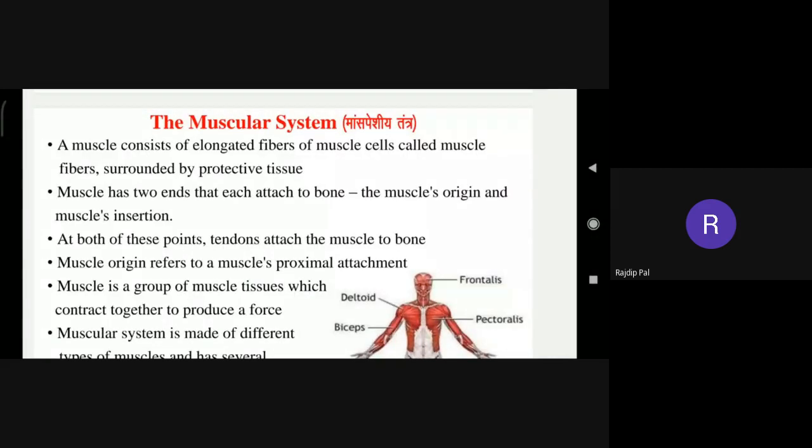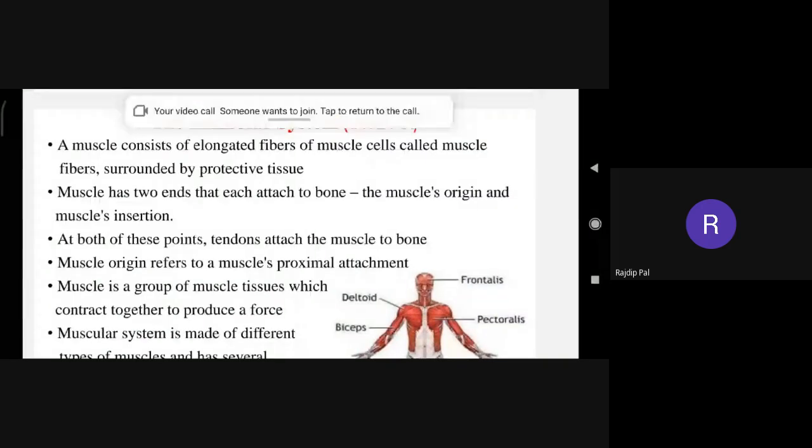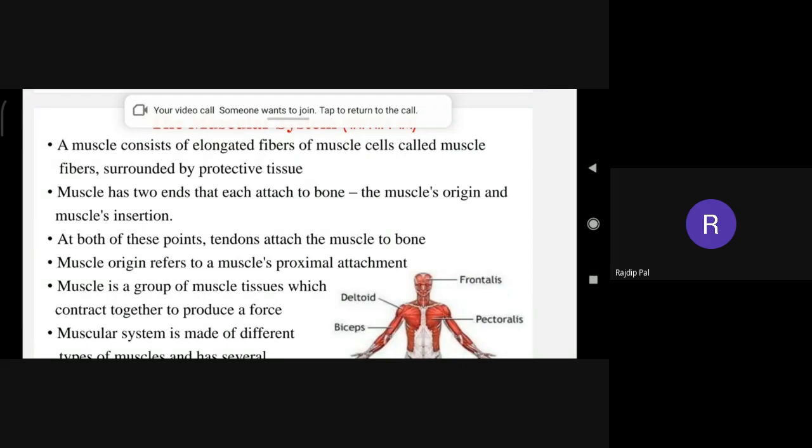So if we are taking an example of bicep muscle, then this muscle is having two ends. Means each and every muscle is having two ends. One end is origination and another end is insertion.